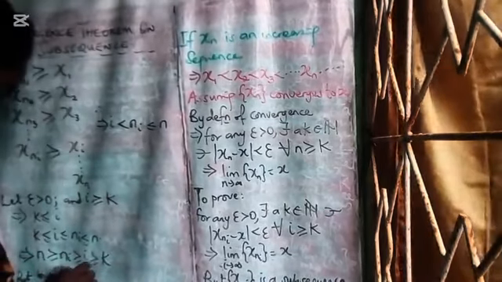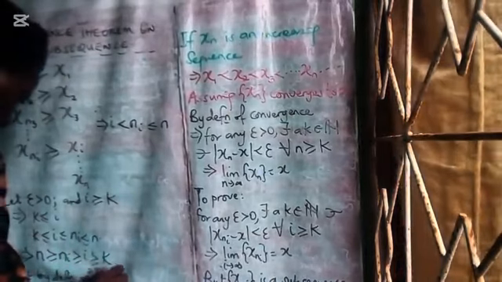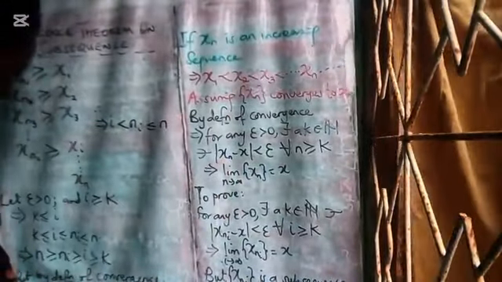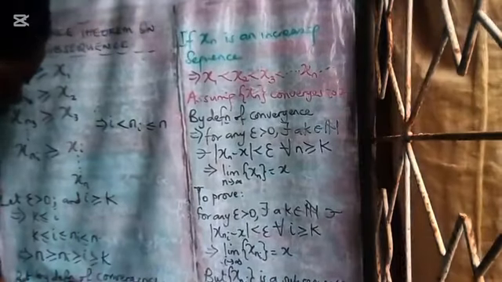By definition of convergence, we have said that for all n greater than or equal to k, we have the absolute value of x of n minus x to be less than epsilon.